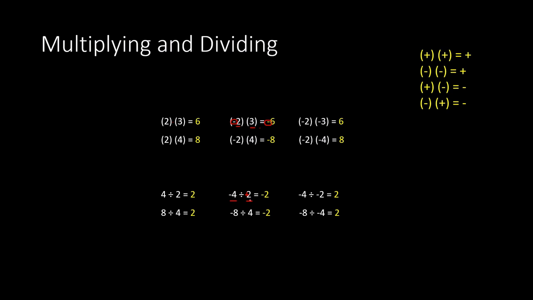So if you don't see a symbol, we assume that the number is positive. So we have a negative and a positive is equal to a negative right here on my table. So therefore my result is also negative. Negative 8 divided by 4 is equal to negative 2.